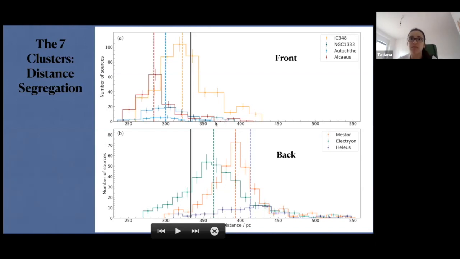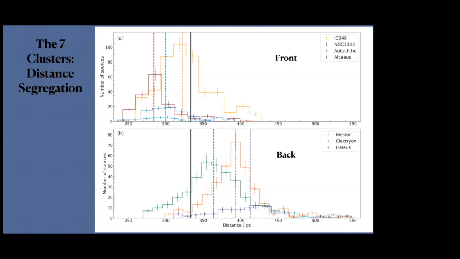There is a paper by Zucker 2020, I think, where they define the distances to many star-forming clouds, and if I remember correctly, it is somewhere between 280 to 320 or something like that. So it's where these 4 clusters are located as well. Okay, thank you.